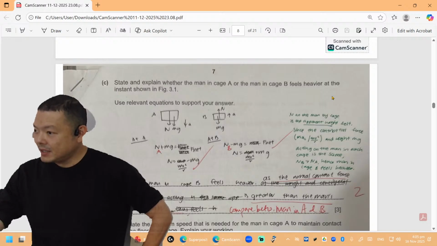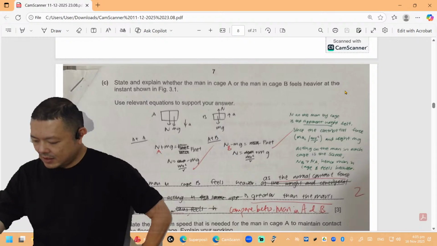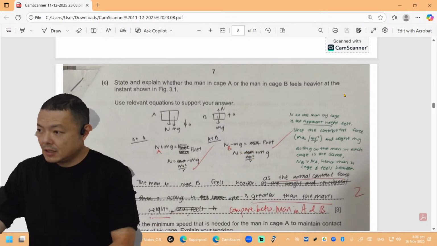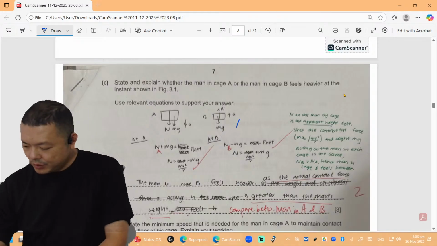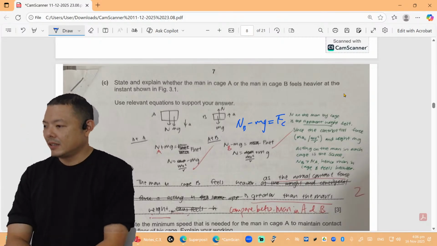You can't write FC? I don't understand. So you're not allowed to write N minus mg equals FC? Oh, you're not allowed to write that? Hang on. So you write N minus mg equals FC, is it? Oh, I see. That's ridiculous. I'm sorry.